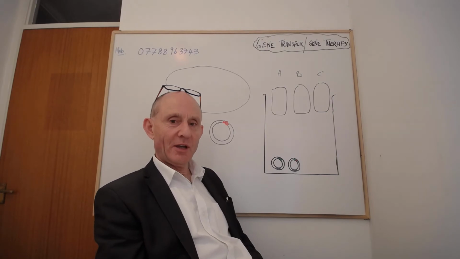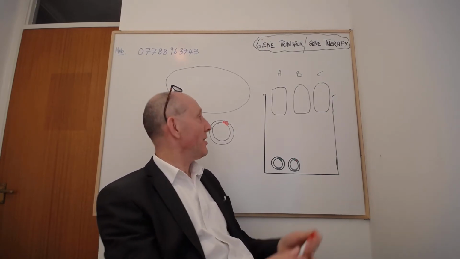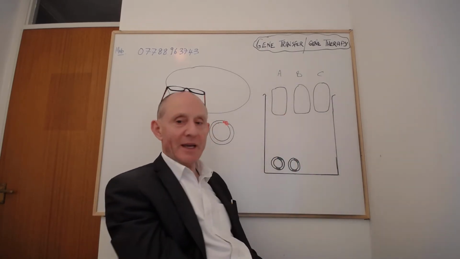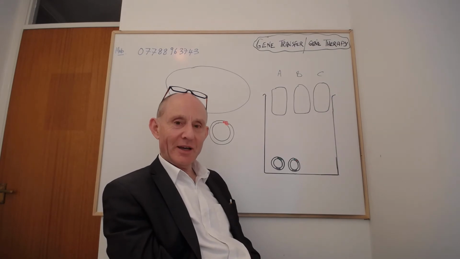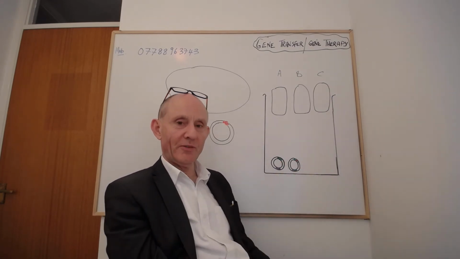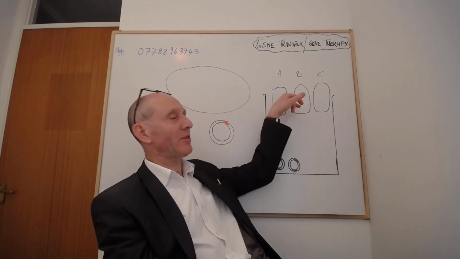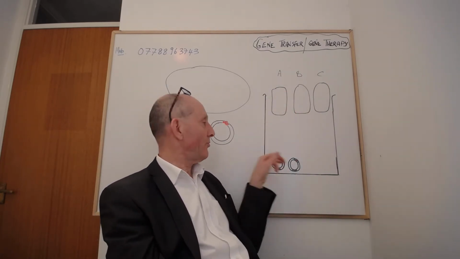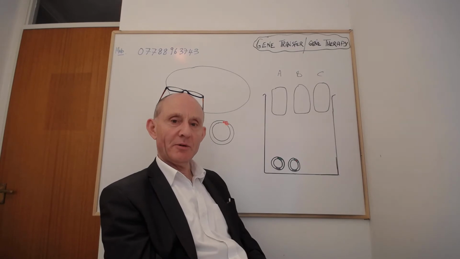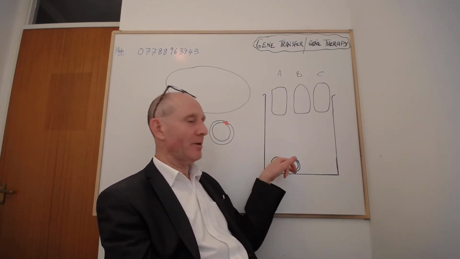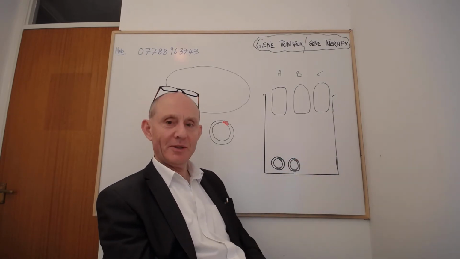You can end up with 3 types of bacteria. Let's go with bacteria A. Remember, this process has a very low success rate. Let's say bacteria A refuses to accept a plasmid at all, so it doesn't take up either this kind of plasmid or this kind of plasmid.